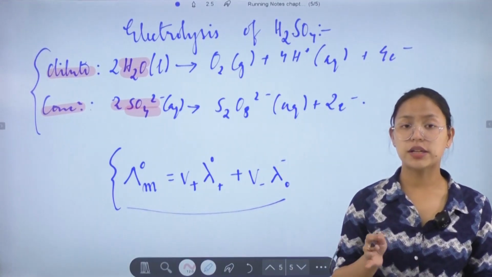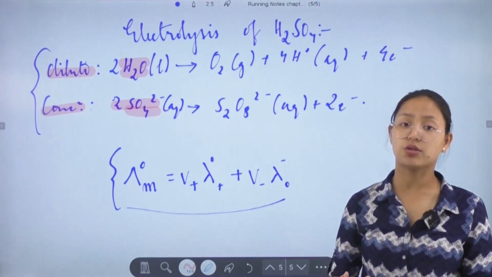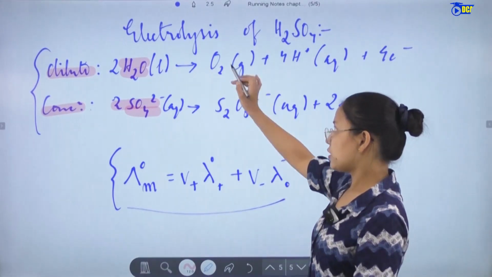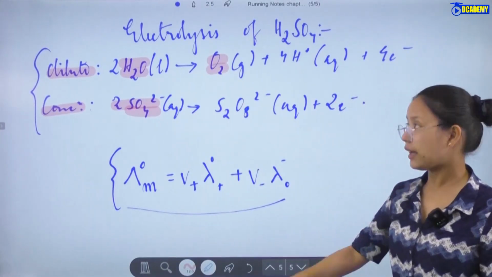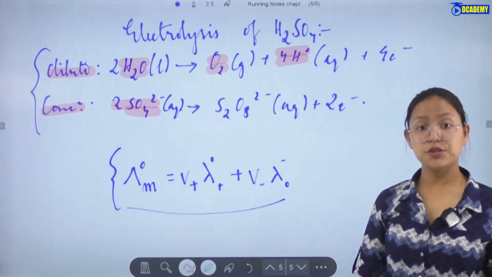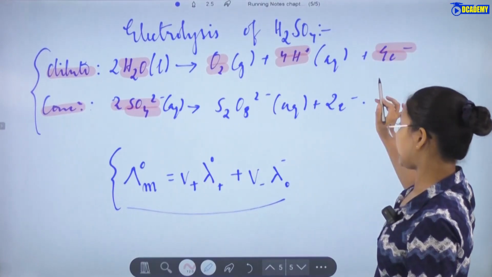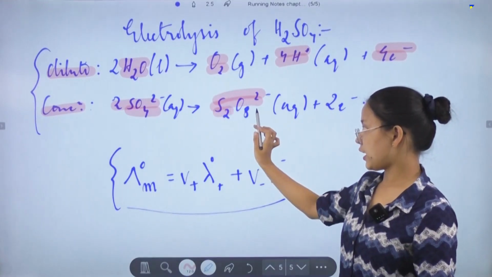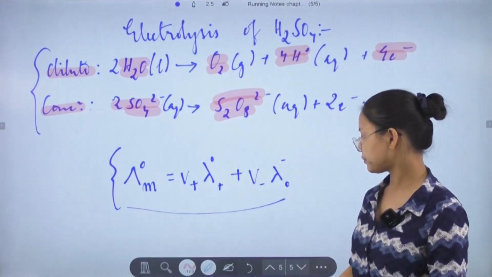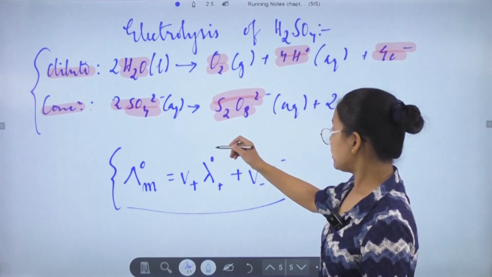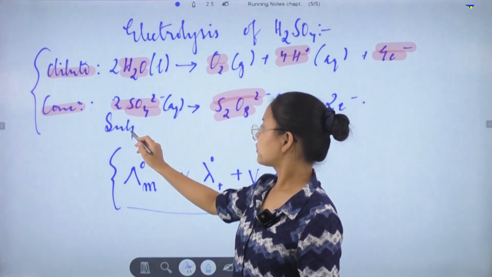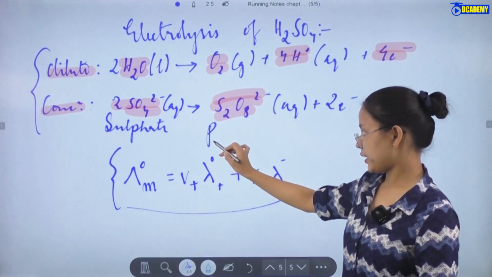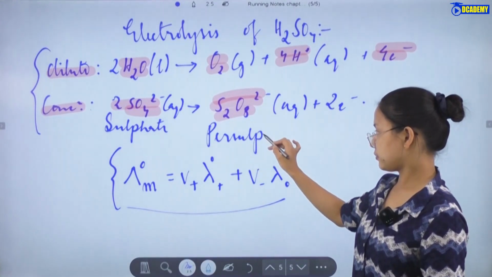Sulfate ion is used specifically because there is a higher concentration of the acid than water. So oxygen is released and H plus is released along with some electrons. Then the sulfate ion forms persulfate ion.